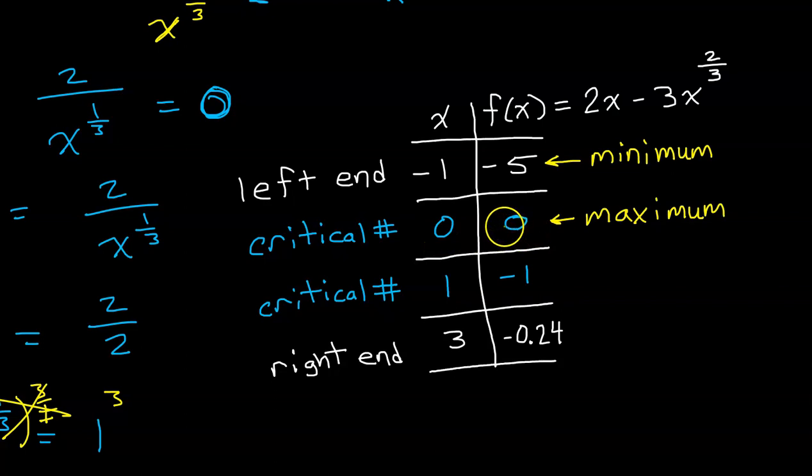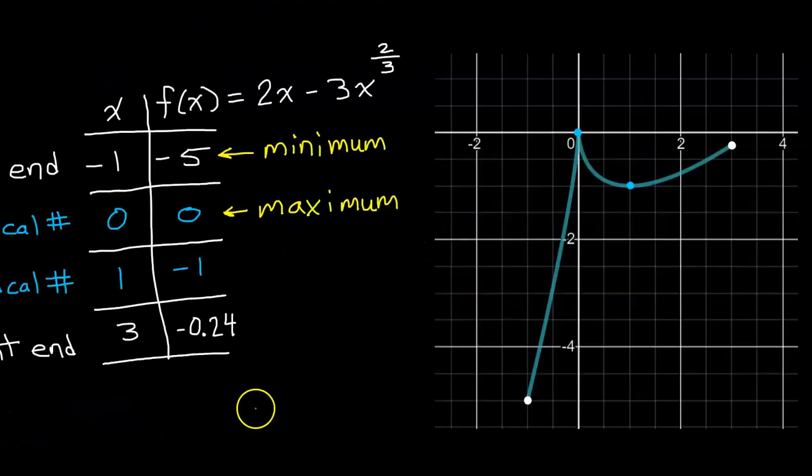Let's take a look at this graphically. Here's what the graph looked like. Notice your 4 critical numbers. Of course, you've got the endpoints, but these 2 blue points are the critical numbers where the derivative was either 0 or undefined.